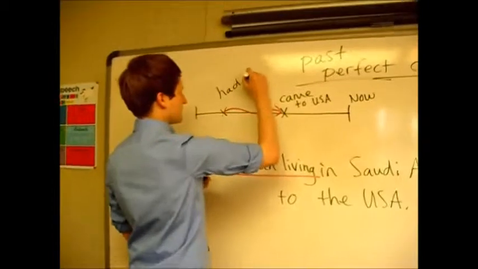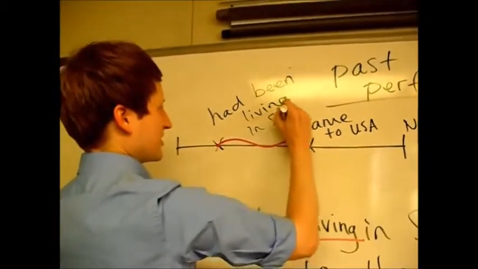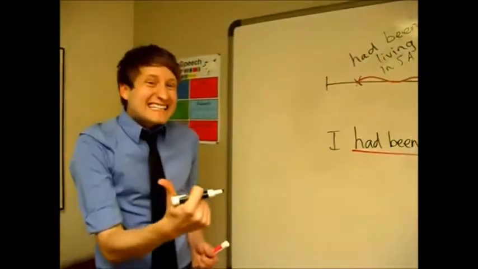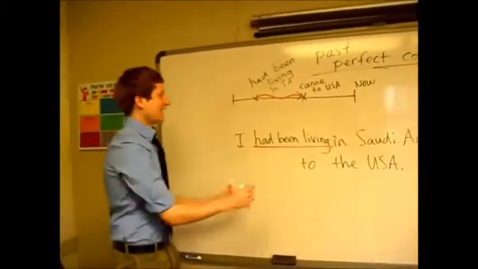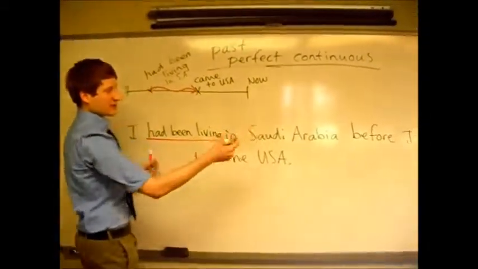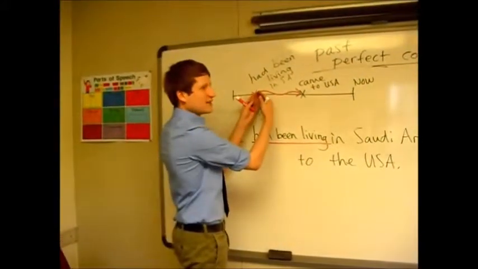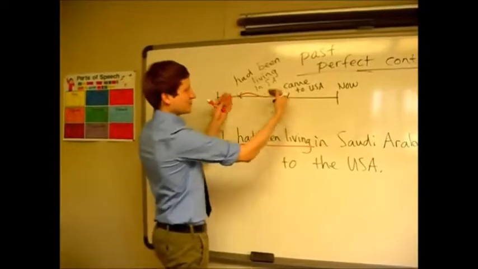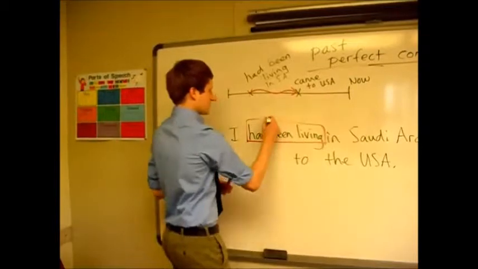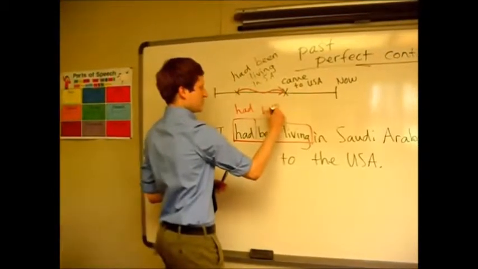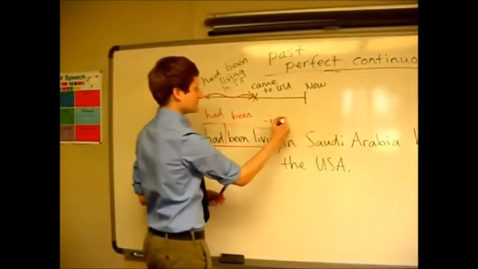So I had lived in Saudi Arabia before I came to the USA, or I had been living in Saudi Arabia before I came to the USA. They're almost the same, but this one really shows that it continued for a while. The parts that you need are had and been, and then the present participle, the ing verb.